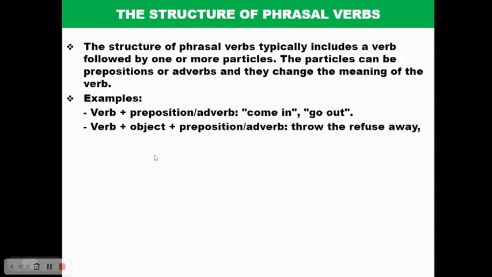Then another structure is where you have, let me undo this mark so we won't be confused. You have verb plus object plus preposition. So here you have throw the refuse away. This is the verb. Let's denote this with V. The refuse is the object, and away is the preposition. Throw the refuse away.